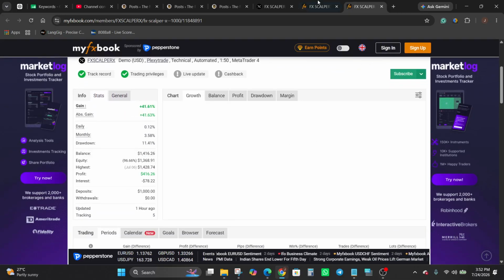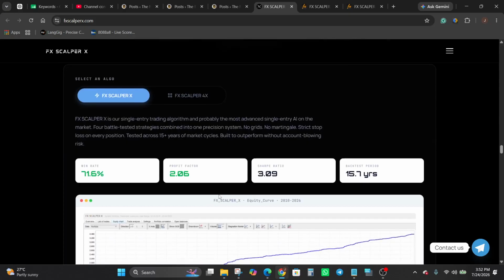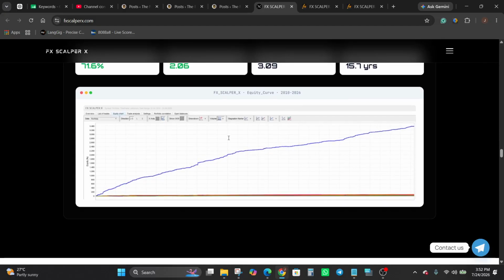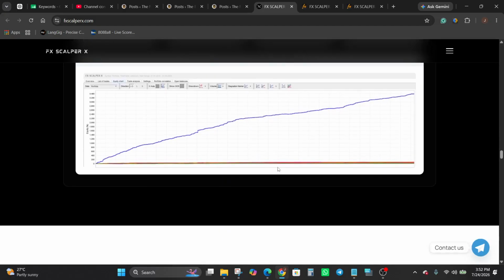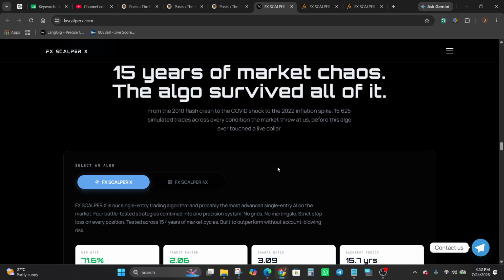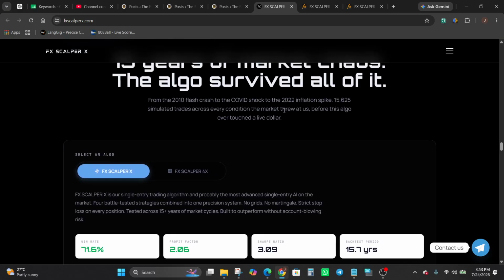All right, now let's move into the battle-tested section, which is specific to FX Scalper X. They describe it as a single entry algorithm combining four strategies into one system, with no grid, no martingale, and a strict stop loss on every position, tested across market conditions going back to 2010, including the 2010 flash crash, the COVID shock, and the 2022 inflation spike, through what they describe as over 15,000 simulated trades.